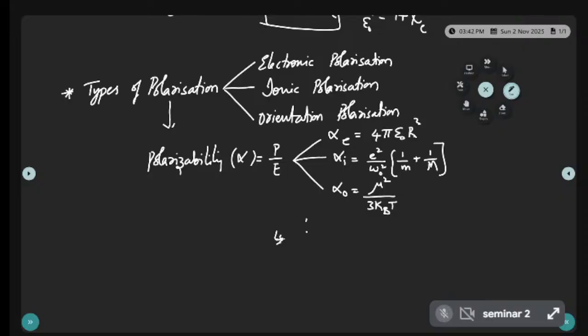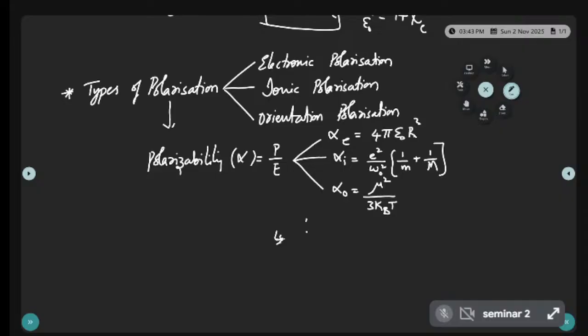Right. Next, the third possibility is alpha O, orientation polarizability. Orientation means where we find this? Where dipoles are present. Generally, dipole formation takes place only in the external field.